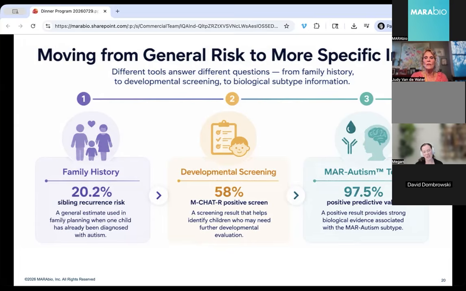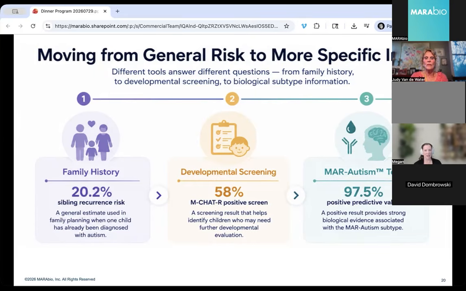Well, we really just had to pull on kind of general population observations, plus or minus a few percentage points depending upon specific family history. But in general, that would average out to be about 20.2% risk that we would give for them to likelihood for a second child to be affected with autism in their family.